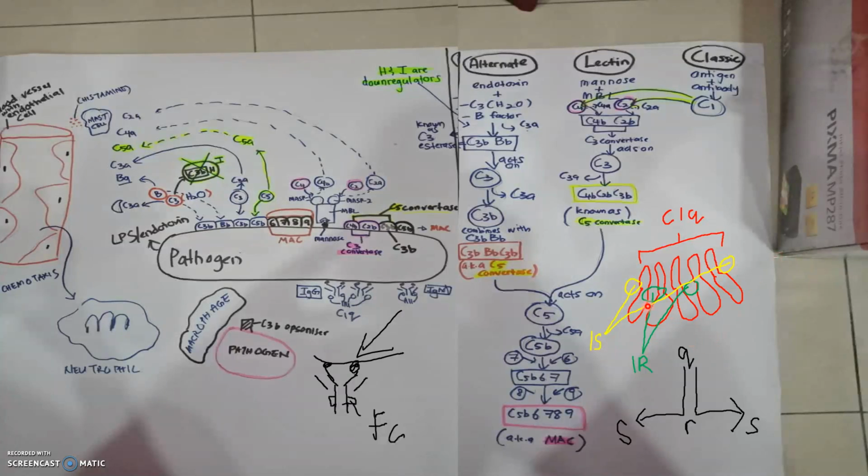But when there is so much antigen-antibody complex that it is beyond the amount of C1 esterase, only then will the classical pathway get activated. This pathway is not triggered if C1 esterase is not overwhelmed.